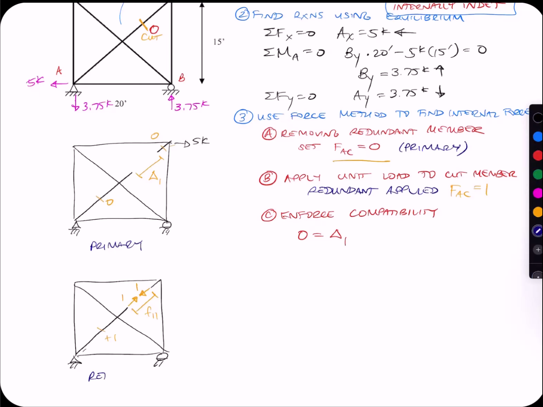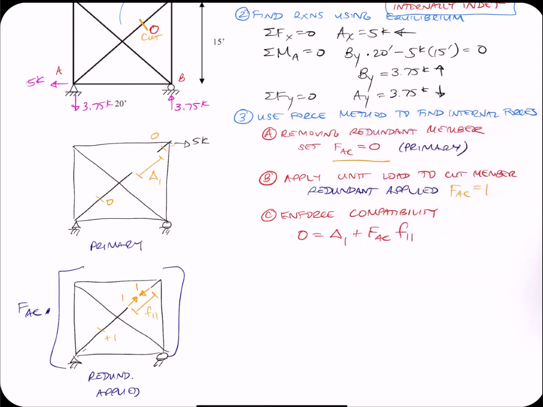In my redundant applied, it is F11, and this whole structure needs to be multiplied by force AC. So I'm going to see delta 1 plus force AC F11. The only reason I switched to numbers instead of subscripts is I don't want to write delta AC and FAC AC. That gets messy very fast. So that's why I switched to the numbers.